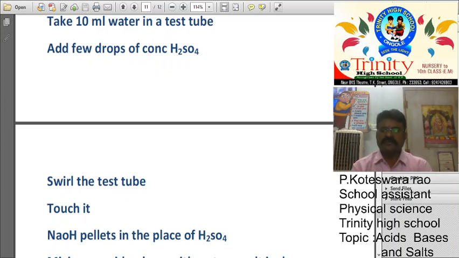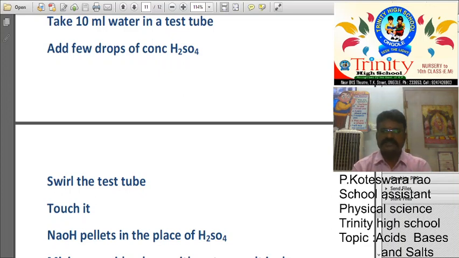What about the second one? Exothermic reactions. In a chemical reaction, heat may be evolved or produced or generated.